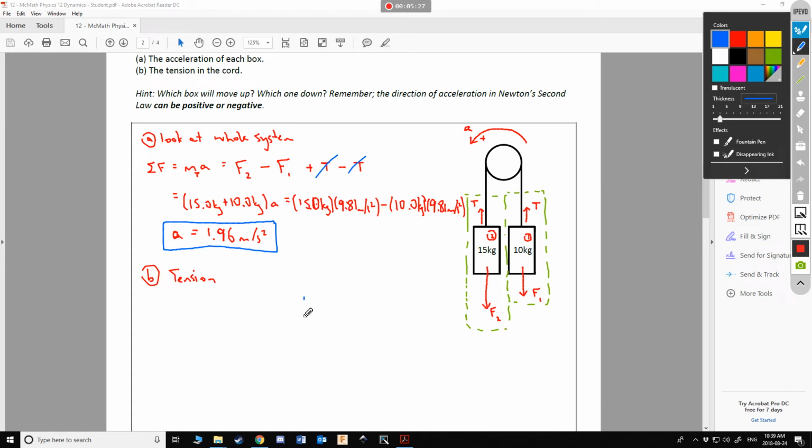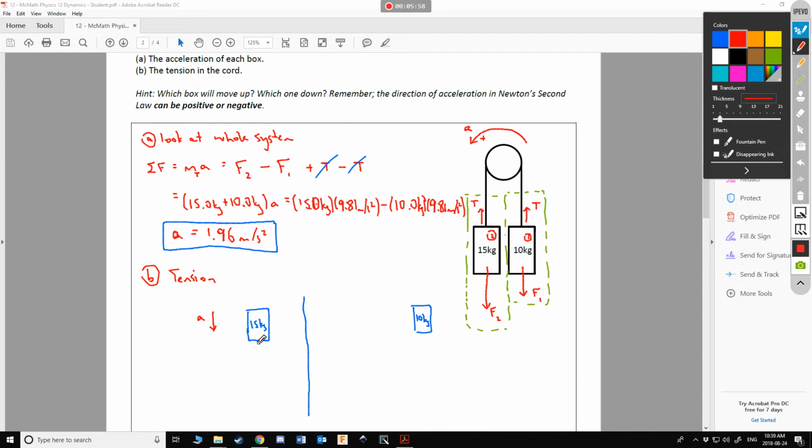So we have two blocks. If we look at just the 15 kilogram block, or the 10 kilogram block. What we first need to recognize is that for the 15 kilogram block, because the system is going counterclockwise, the acceleration is actually downwards.